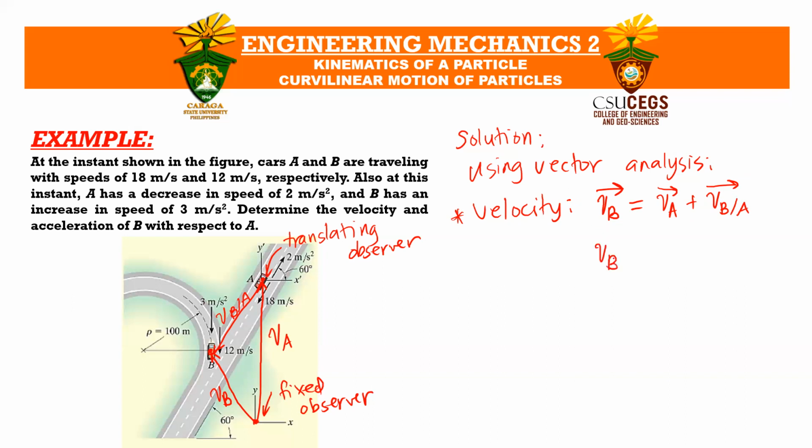So we just transpose the v of A to the other side of your equation. So that will become v of B minus v of A.